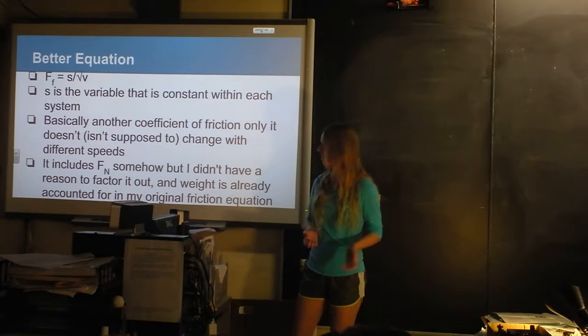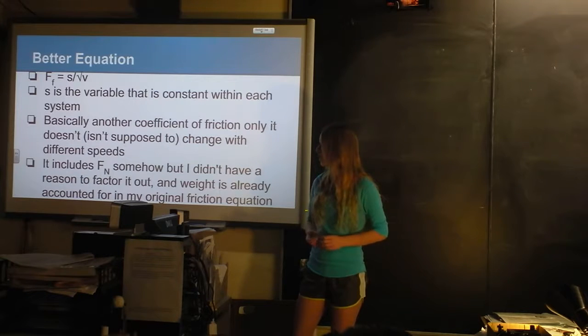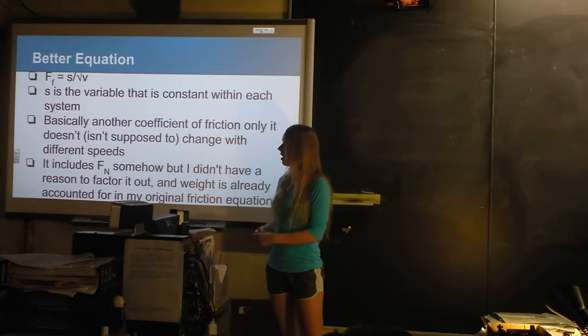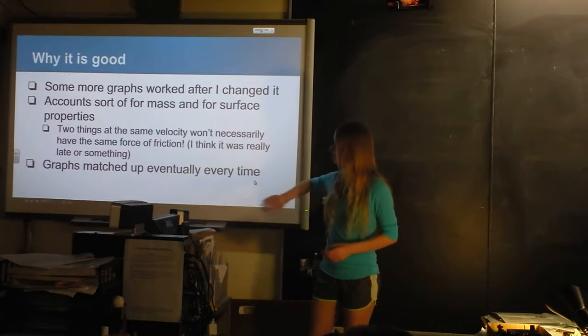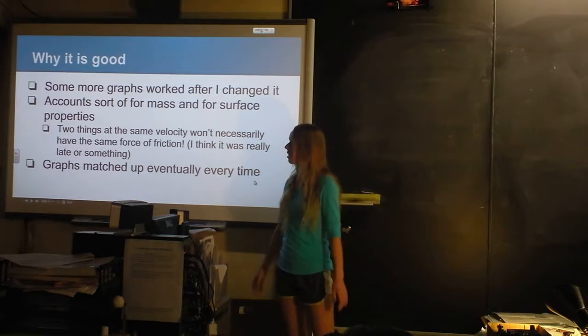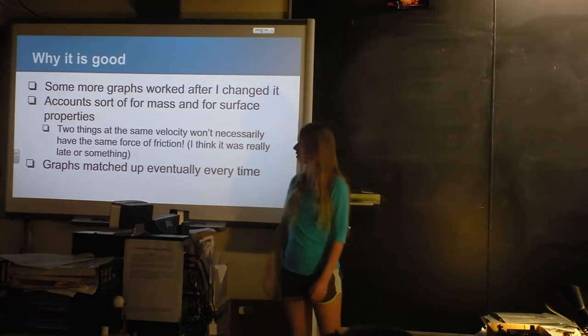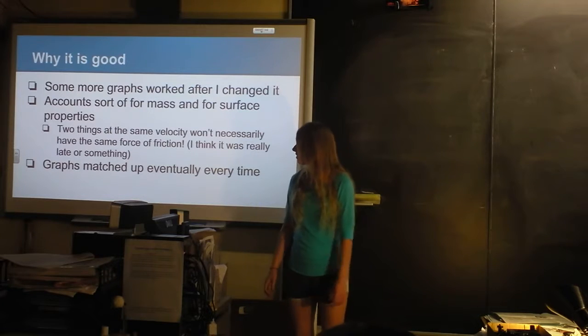I could have made it a more complicated equation, but I didn't really need to, because it was just showing the same phenomenon. After I changed to a variable, a lot of the graphs worked a lot better.